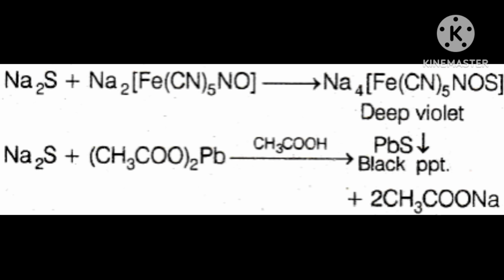Its color is violet. In case of nitrogen and sulfur, now you have done, if sulfur is present, then I have given two tests. One is making lead sulfide with treatment with lead acetate plus acetic acid. Second, treatment with sodium nitroprusside. Now, this was separate, when only N was there or when only S was there.